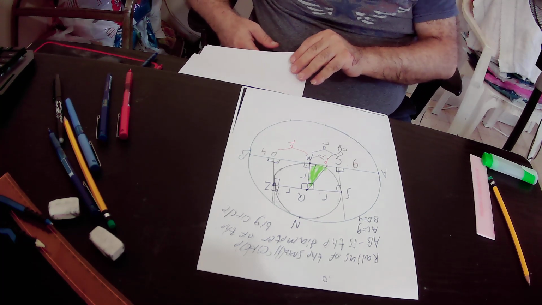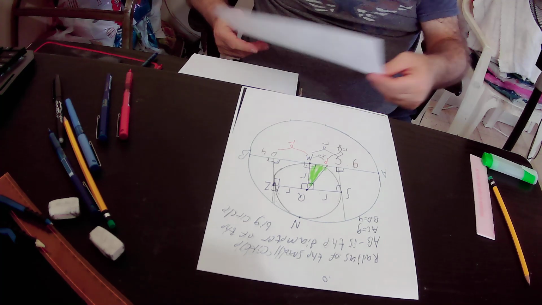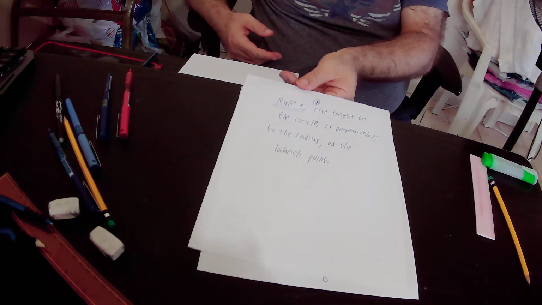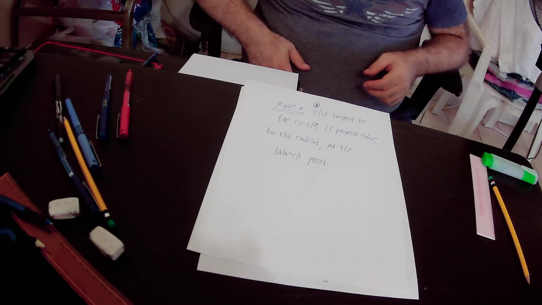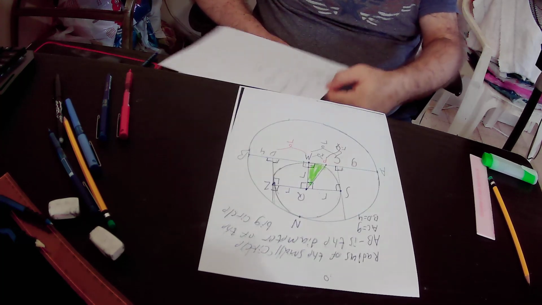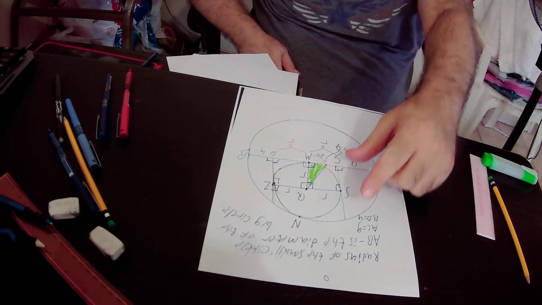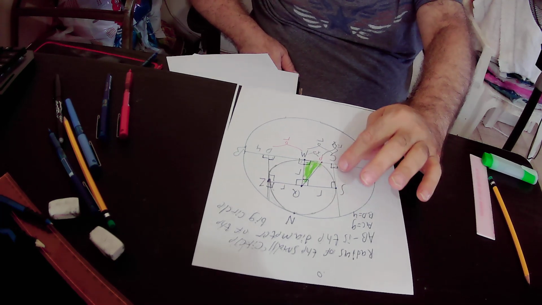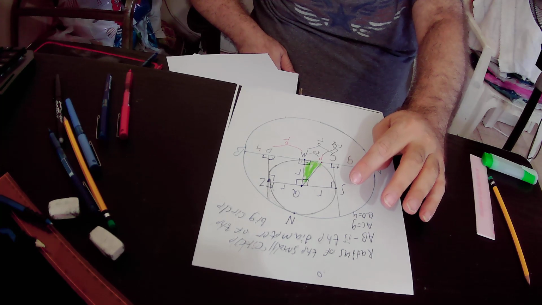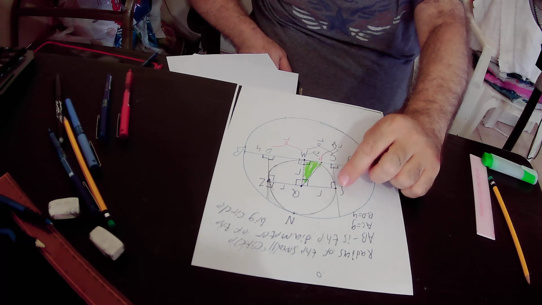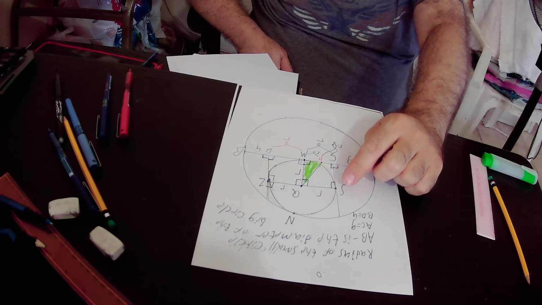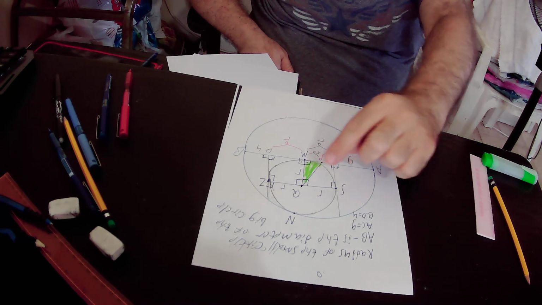Okay, and we have rule number 1 that states that the tangent to the circle is perpendicular to the radius at the launch point. The tangent to the circle, this is the tangent to the circle, is perpendicular to the radius that touches the circle at the launch point, or to the radius that is drawn to the launch point.